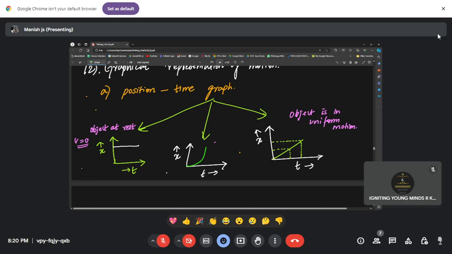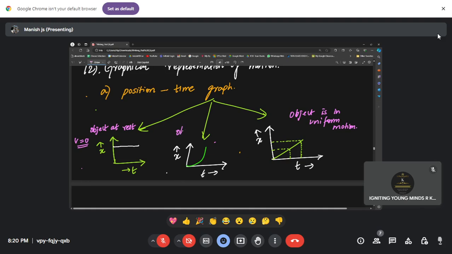Such curves, we call them hyperbolic curves. It's a hyperbola, where you can see there is a steep increase in position, a sudden increase in position even for a small duration of time. It's an exponential graph. Such graphs denote that the object is in non-uniform motion. That's the first important aspect.